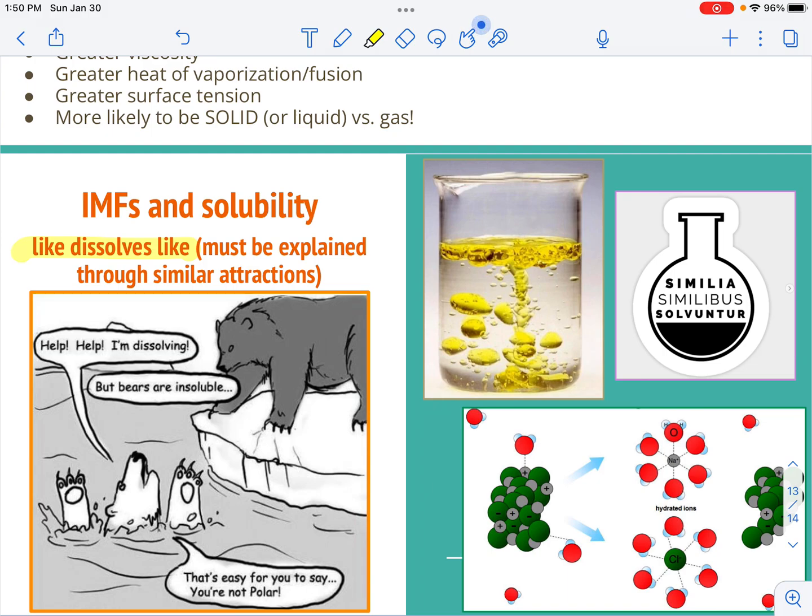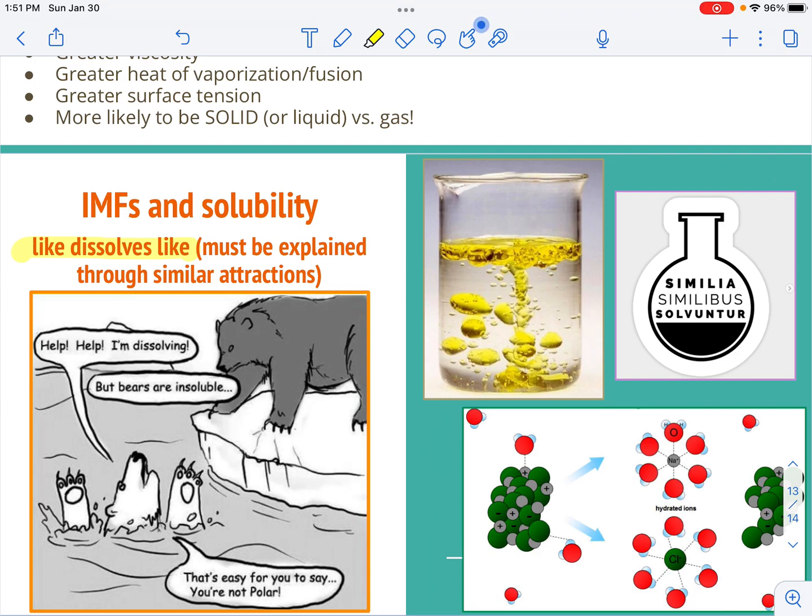But I really thought this was a great way to end, that you can always think about polar will dissolve polar, nonpolar will dissolve nonpolar. Polar will dissolve ionic because of the charged nature of it, etc. And then, of course, a stupid chemistry joke to go with it, the polar bear and the grizzly bear, and pictures of oil and water.